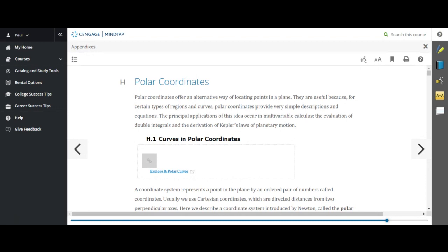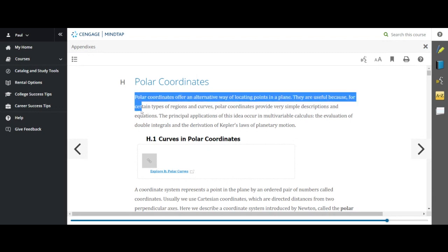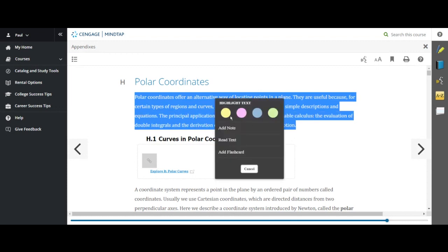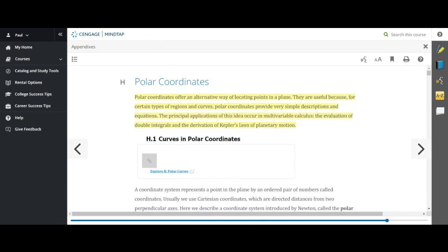But sometimes for certain types of areas, rectangular coordinates may not be convenient. And so, like it says here, polar coordinates offer an alternative way of locating points in a plane. They are useful because for certain types of regions and curves, polar coordinates provide very simple descriptions and equations.